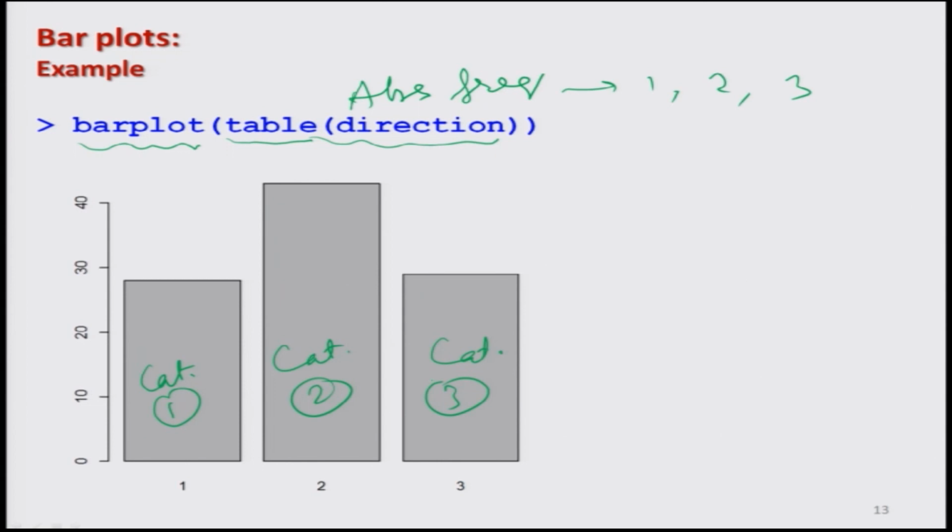It is simply indicating that category 2 is highest, then there is a small difference with category 3 and category 1. So, I can say the number of orders for the pizza is highest in category 2, followed by category 3 and minimum in category number 1.